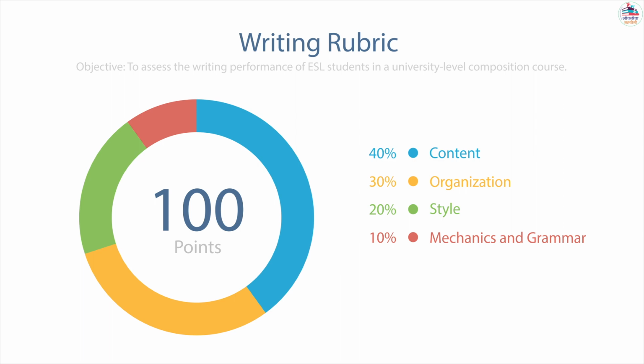Similarly, we can make organization 30 points in terms of writing. That means the writer has a clear and logical structure, and uses appropriate transitions between the paragraphs.